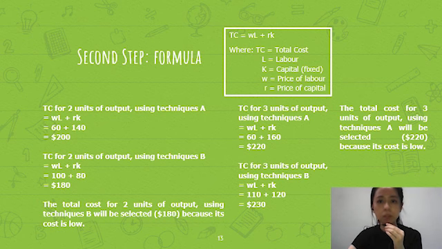The total cost for 3 units of output using technique A is equal to $60 plus $160, then equal to $220. Total cost for 3 units of output using technique B is equal to $110 plus $120, the final answer is $230. The total cost for 3 units of output using technique A will be selected, that is $220, because the cost is lower.